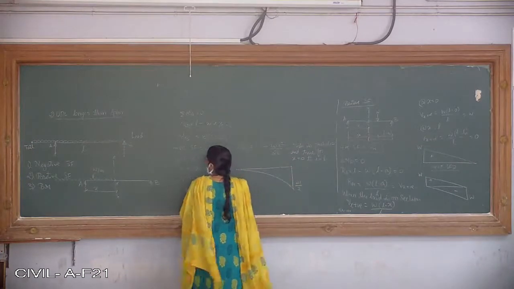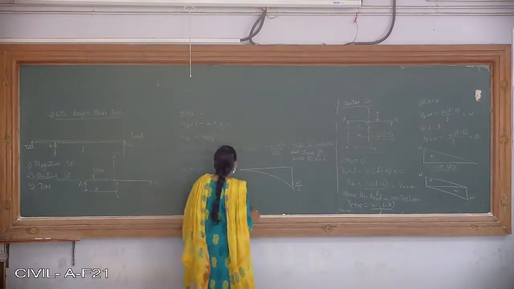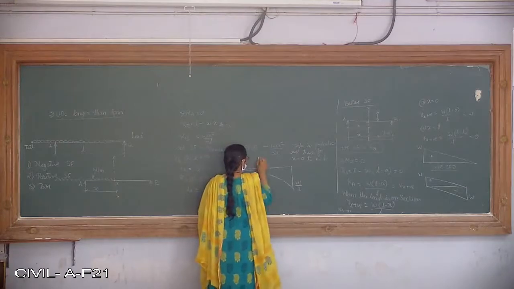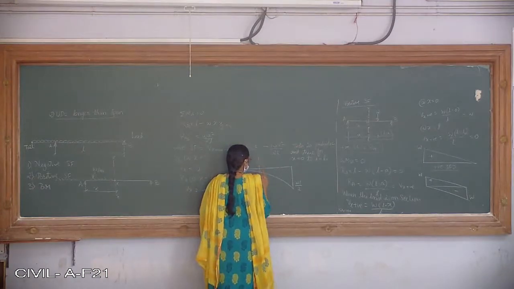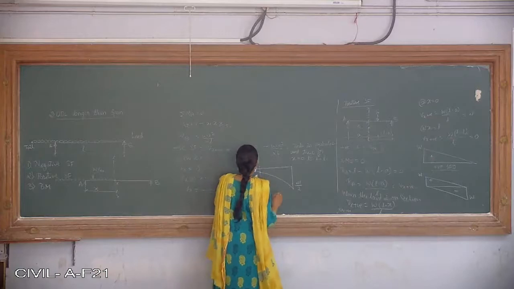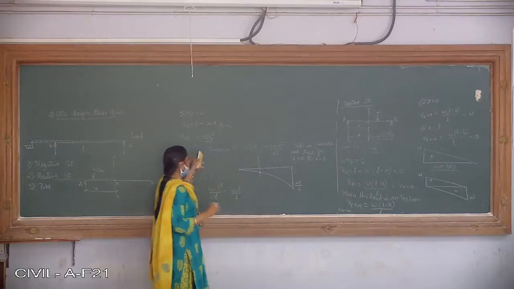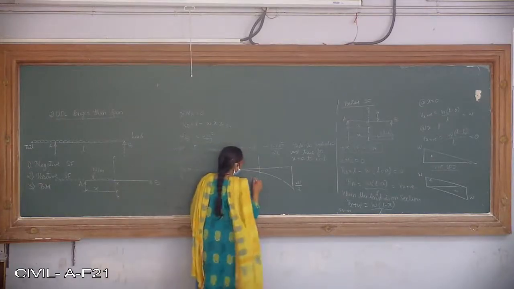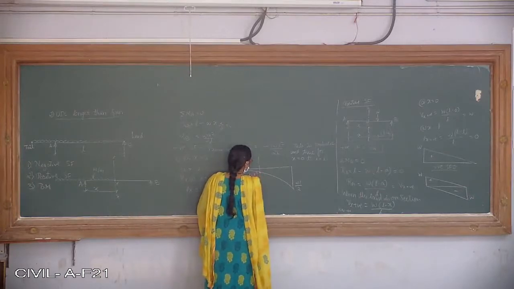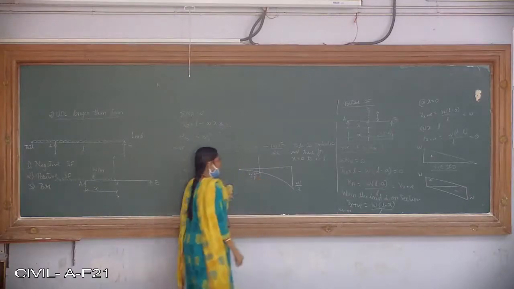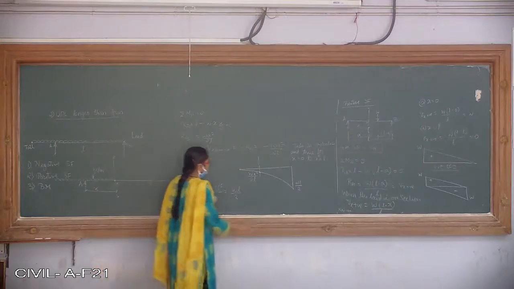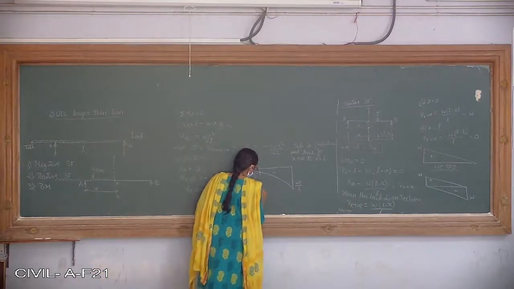Now at the position of my section, I saw that somewhere here was my section x. At this point, what was my value? Vx max negative, that was W x square by 2L. Okay, so this is going to be my negative shear force diagram.